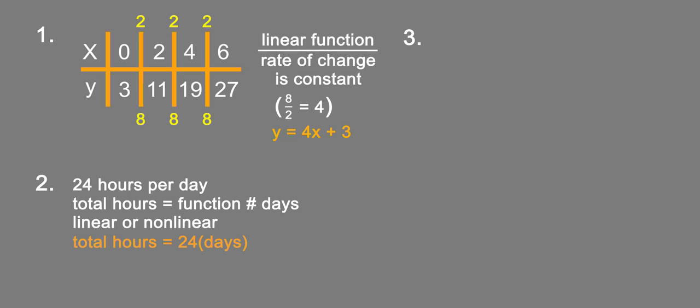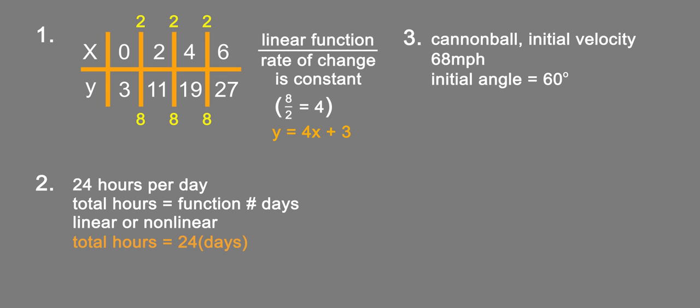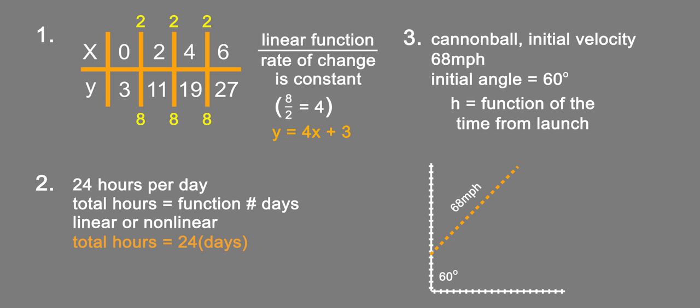With number 3, we are given that a cannonball is shot out of a cannon with an initial velocity of 68 miles per hour with an initial angle of 60 degrees above the ground. So if we have this here, let's say this is the cannon, and we're shot off with this cannonball with an initial velocity of 68 miles per hour, and the angle is 60 degrees. Well, this is going to represent a non-linear function, and the reason for that is the initial velocity.